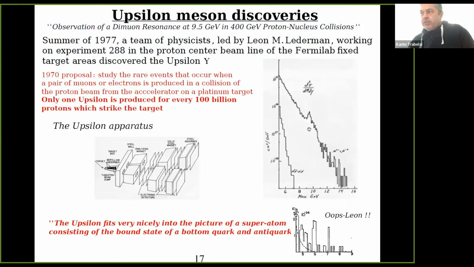And just to take some distance, when I was talking about first hints and anomalies, I found this also. I don't know if it's true, but Lederman, an earlier observation, quote unquote, of the epsilon at 6 GeV, which turned out with more statistics to not be an epsilon, but just a fluctuation.